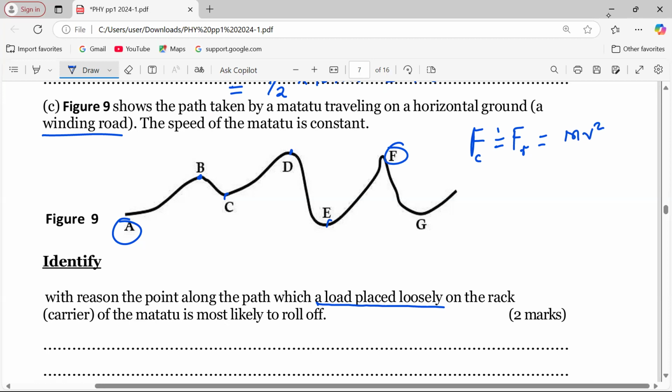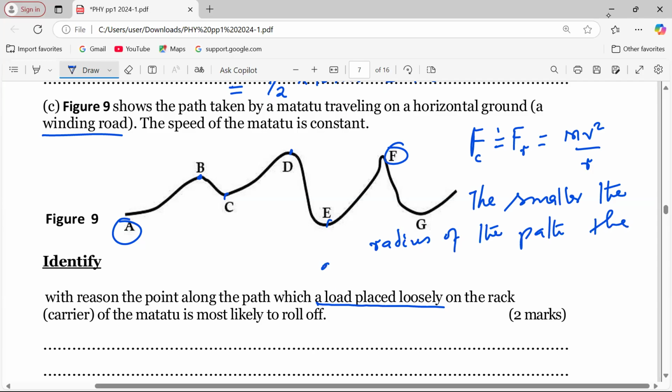The centripetal force is mass, v squared, over r. Now, r is the radius of the circular path at every particular corner, because the r at A is different from B, C, D, E, F, G. So we have a smaller r for F, and that means, according to this, the smaller the r, the smaller the radius of the path, the greater the centripetal force required.